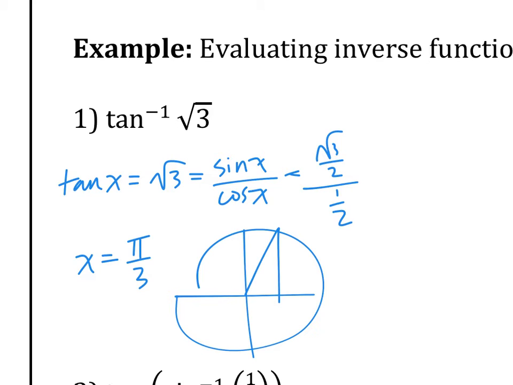So either here or here, because they have to have the same sign in order to get a positive number. So either both positive or both negative. But inverse tangent is just like inverse sine, only on the right-hand side. So only pi over 3 will work. Good?